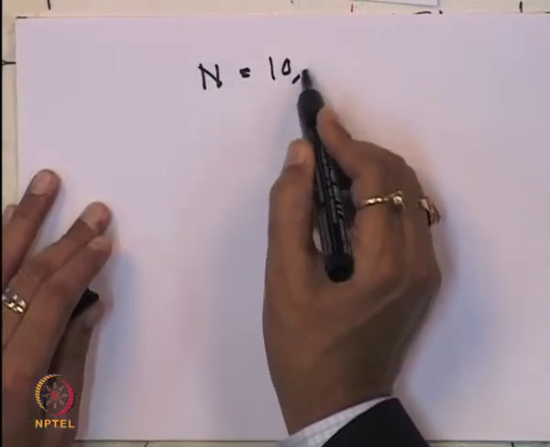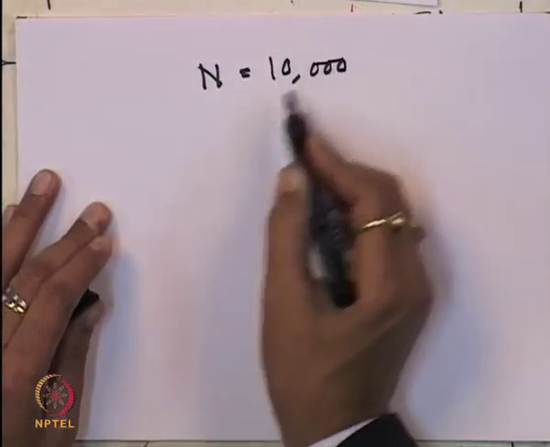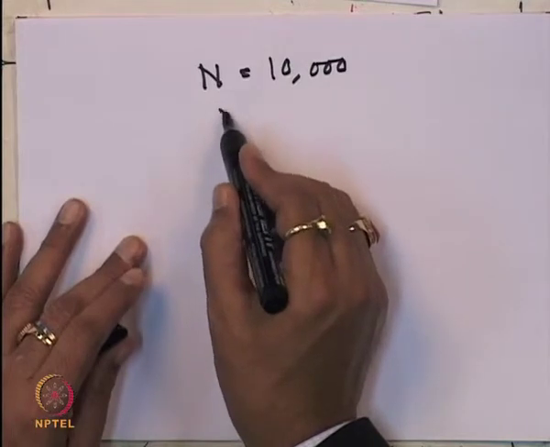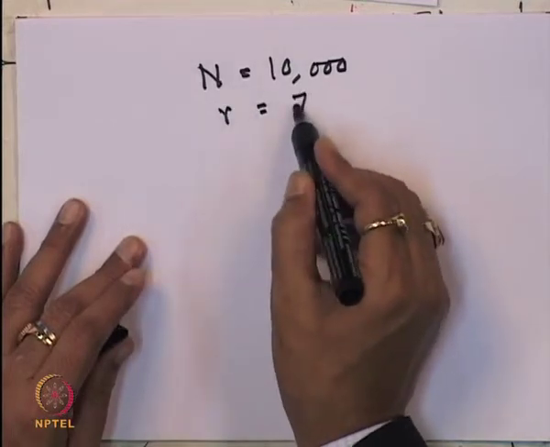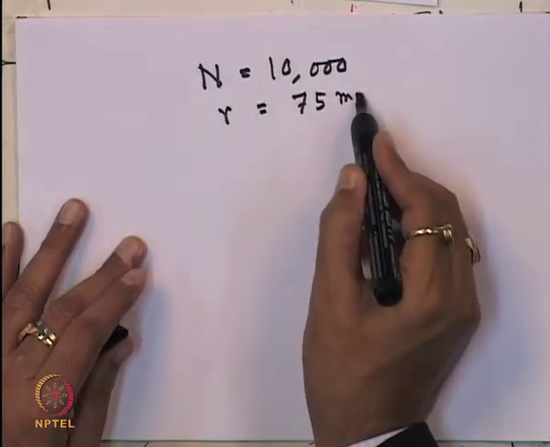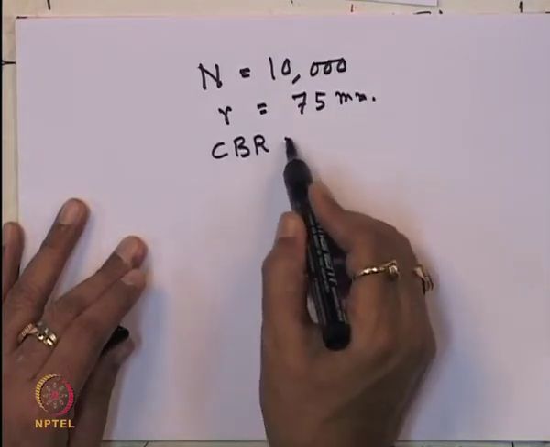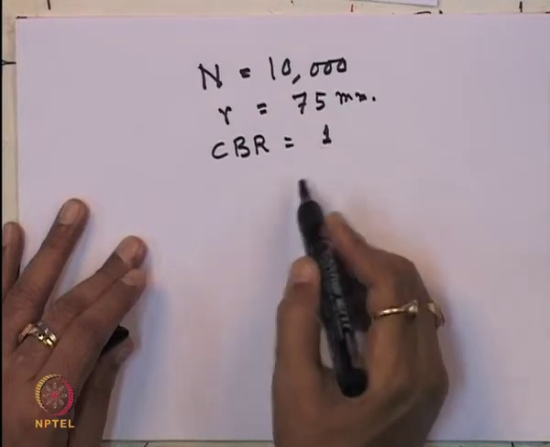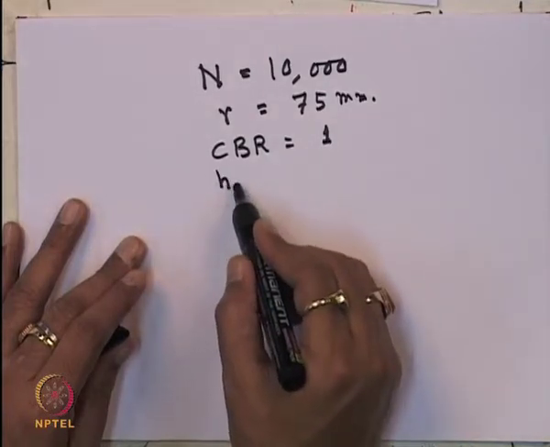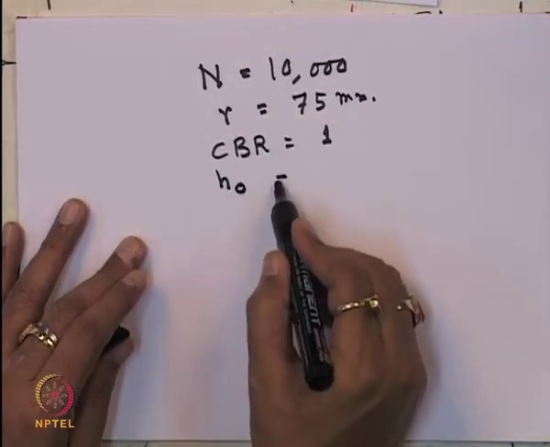So I am giving one example. For example, the N value we are considering is 10,000, rut depth is equal to 75 millimeter and CBR is equal to 1. So you calculate what will be the H0.